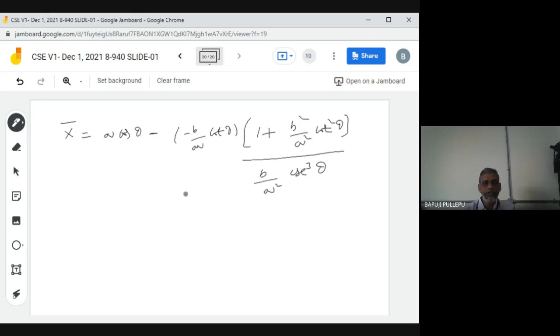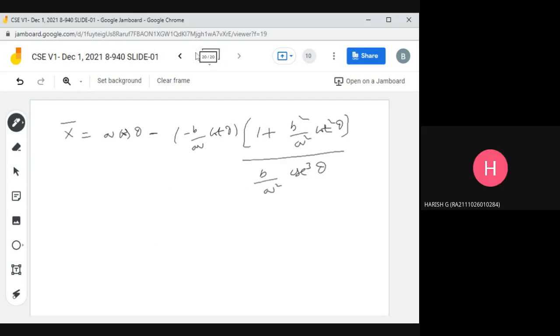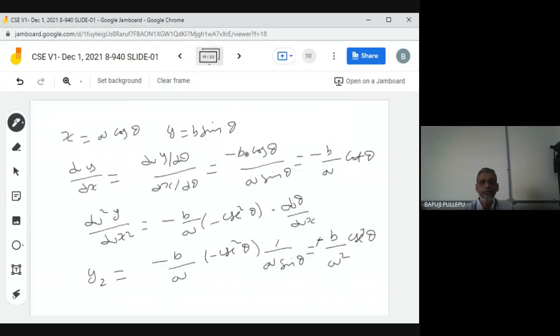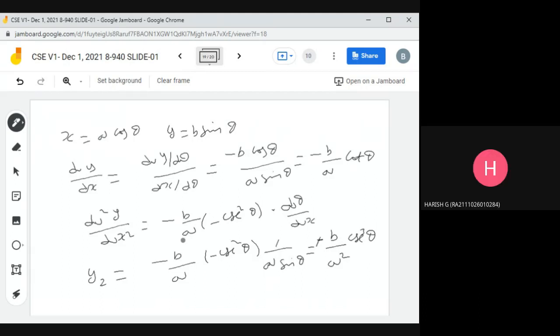This part, if you write it, cosecant cube squared means sine cube. Here minus, here no minus, you know. y2 is minus value, plus value. No, sir, y2 minus, both minus value. No, sir. y2 is positive, sir.